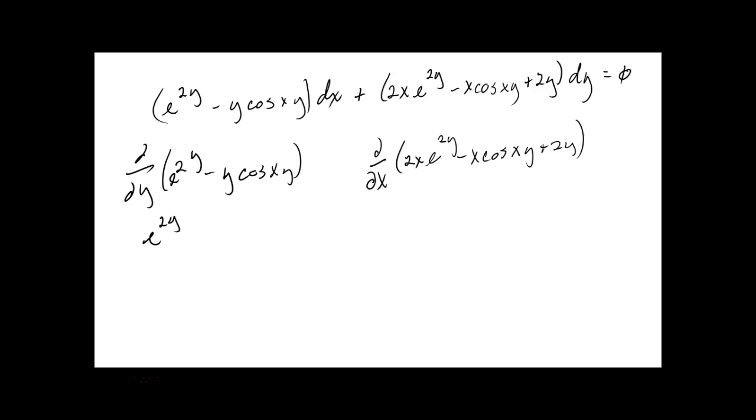Yeah, you've done the outer function, the partial of this with respect to y. 2e to the 2y. Yes, you've got to have the 2 from the chain rule. I'm not sure how to do the second part. Okay. Guess what you're going to have to use for that? Product rule. Product rule. Excellent.